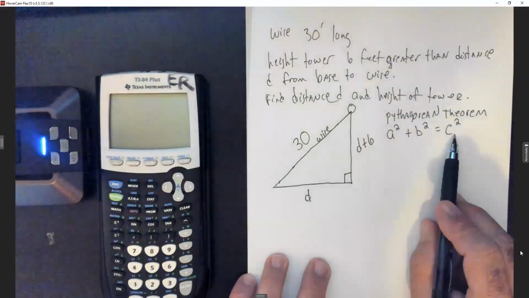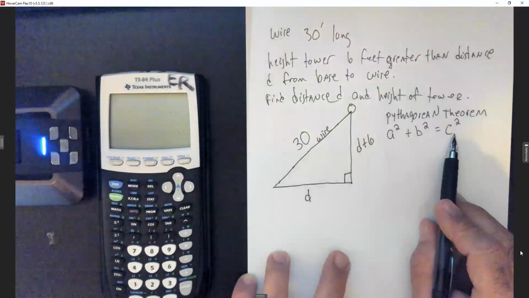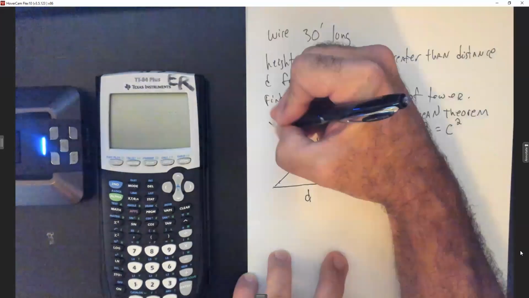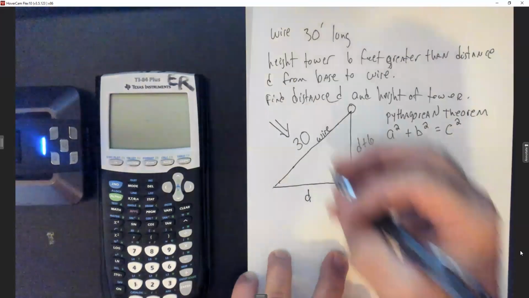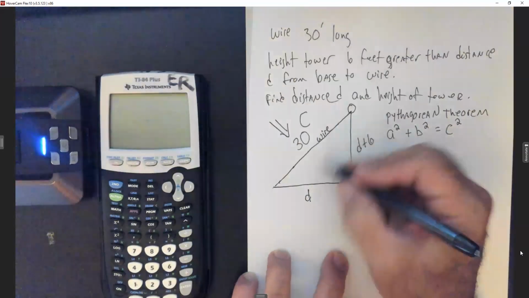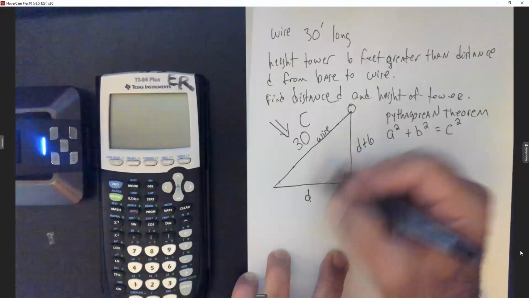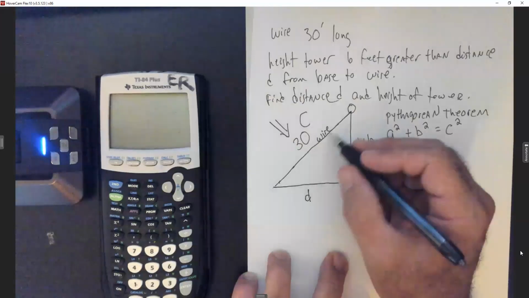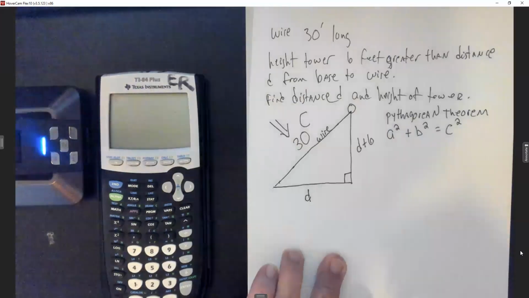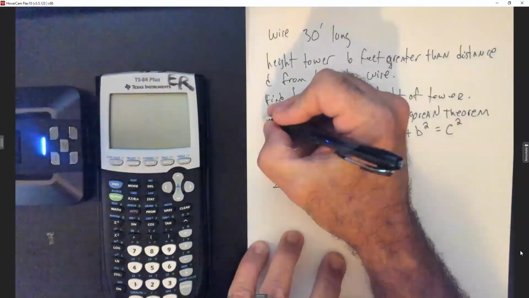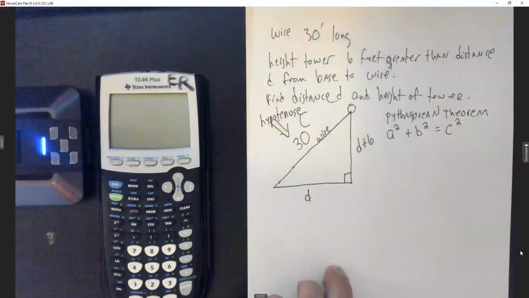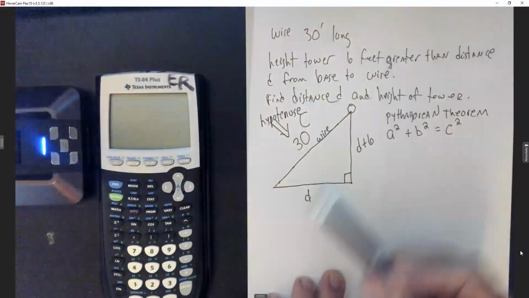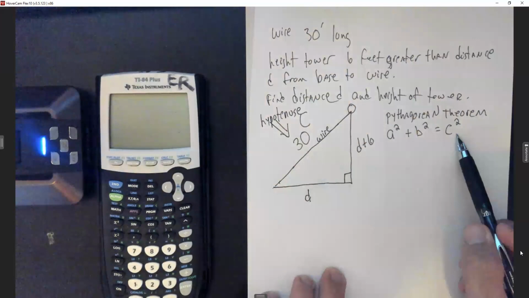C, since it's by itself, always has to be the longest side of the triangle. So C has to be the longest side. We got a special name for that, longest side of a triangle. Y'all familiar with hypotenuse? So the longest side is always the hypotenuse. It's always the side by itself, okay?